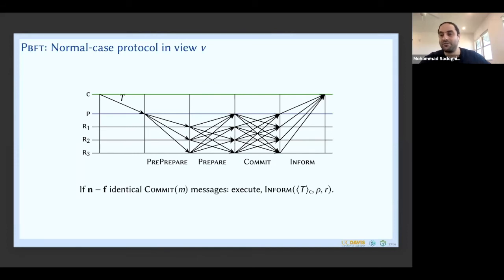At least the majority of replicas got the exact same thing that I got.